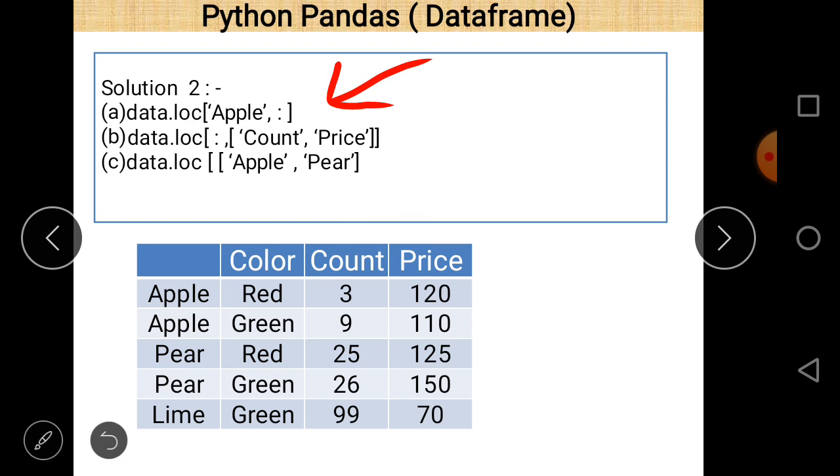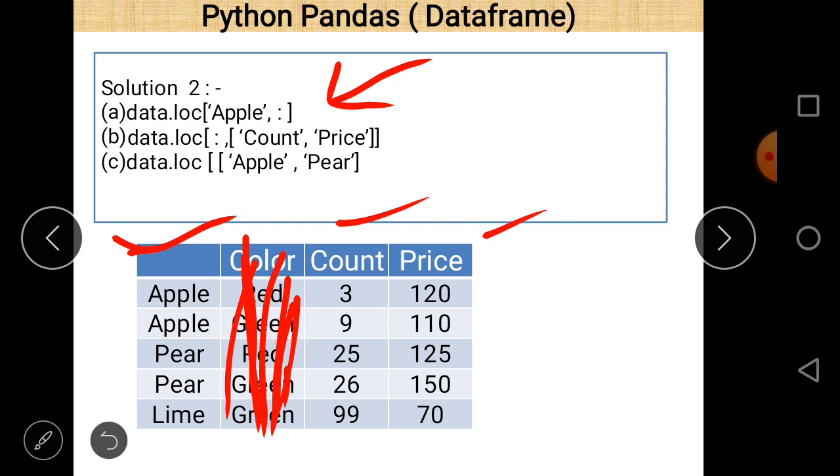And after the execution of that statement, the portion that is crossed is not printed and the rest of the portion will be printed. It means this is the final answer, because in this only two columns, count and price, will be selected, and all rows will also be selected.